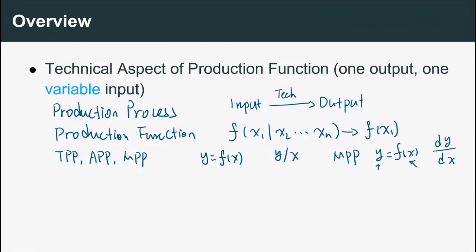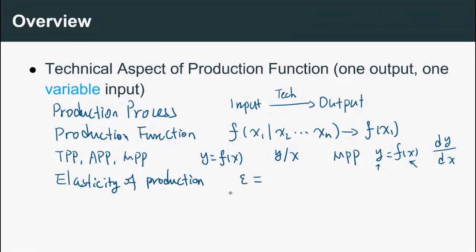And later on, we also discussed the geometry of MPP with TPP and also MPP with APP. And later on, we introduced another concept of elasticity of production, or sometimes it's called factor elasticity.